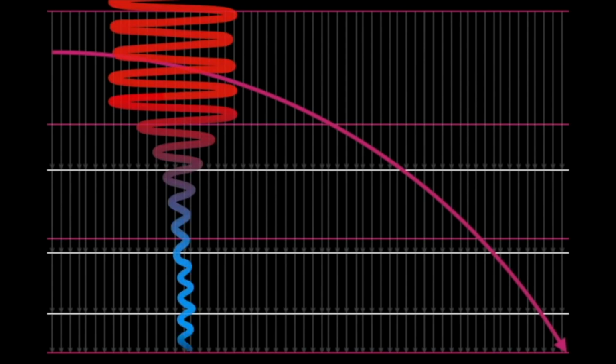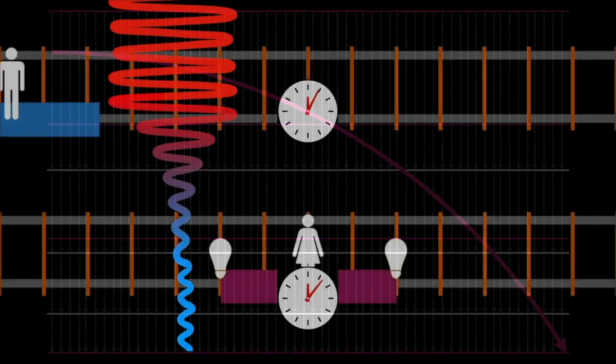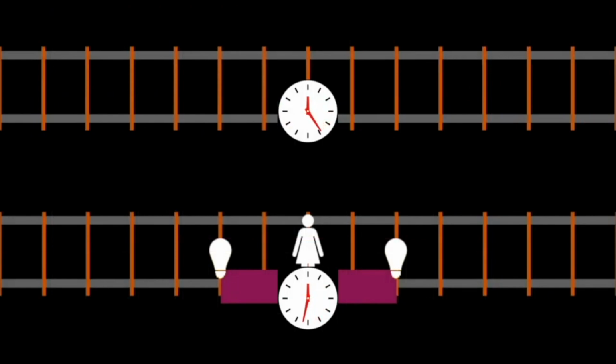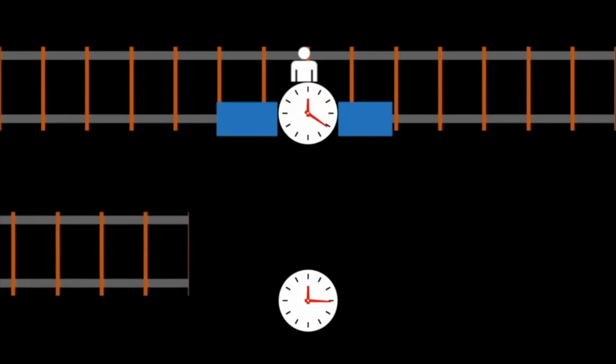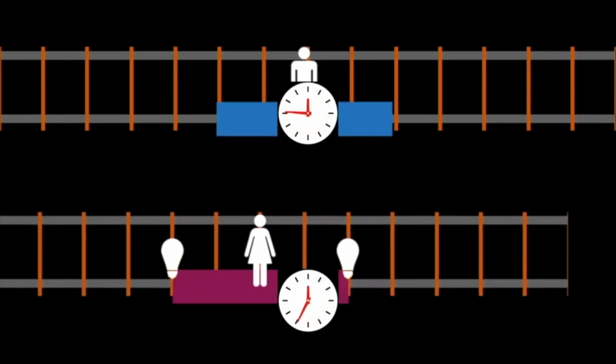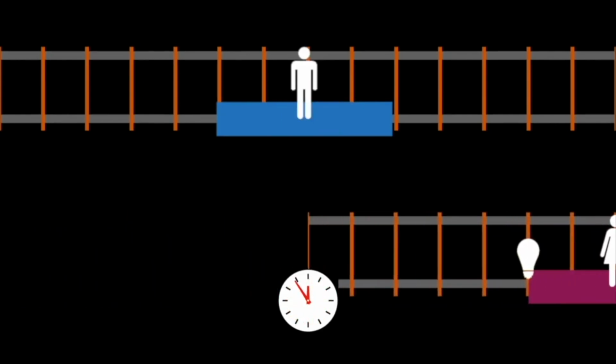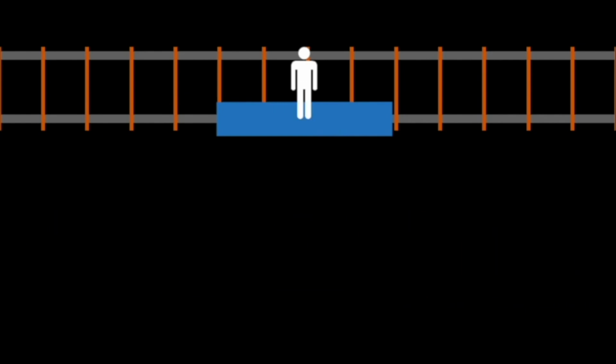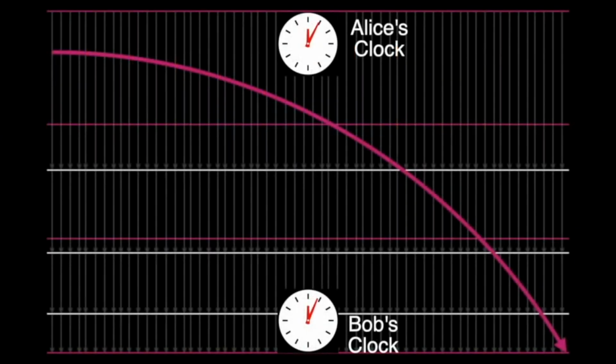This is different from constant velocity frames, where each observer sees the other experiencing the same phenomenon. E.g., in the constant velocity setup, if Alice sees Bob's clock as slow, then Bob sees Alice's clock as slow. But here in the accelerating frames, if Alice sees Bob's clock as slow, then Bob sees Alice's clock as fast.